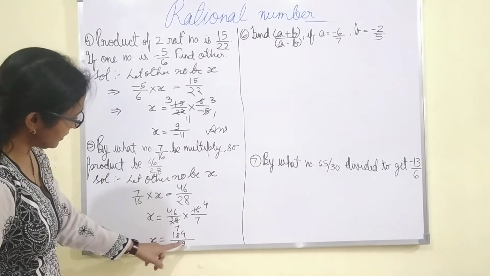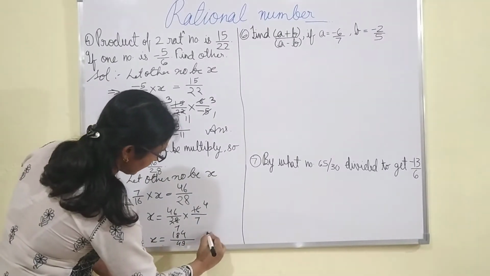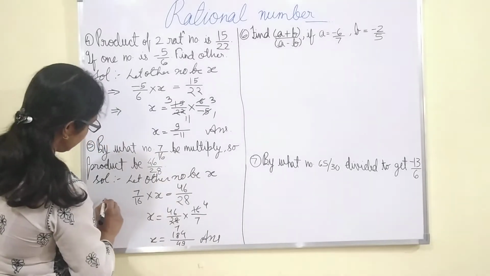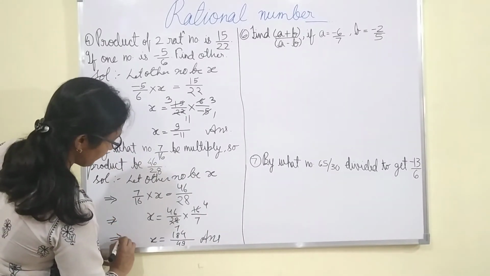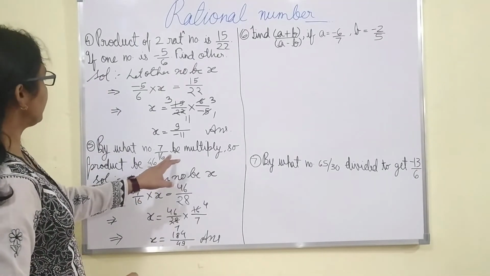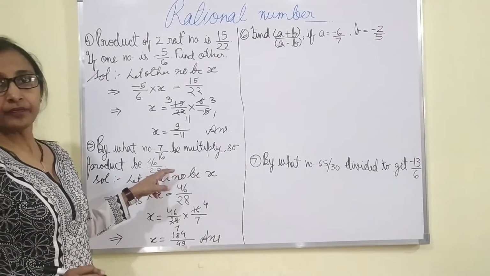So 184 upon 49 is our answer. Okay, means 184 upon 49 is multiplied by this, its product will become this.